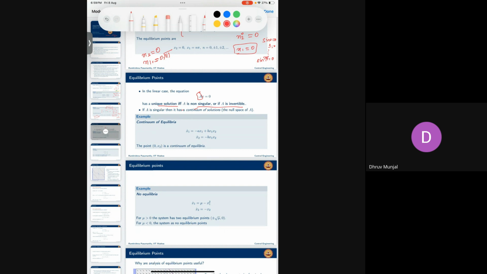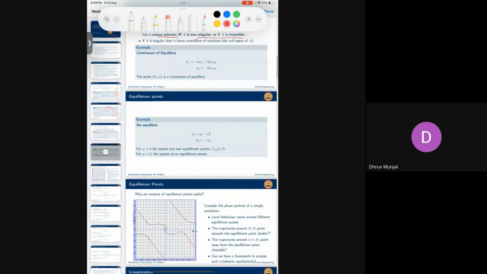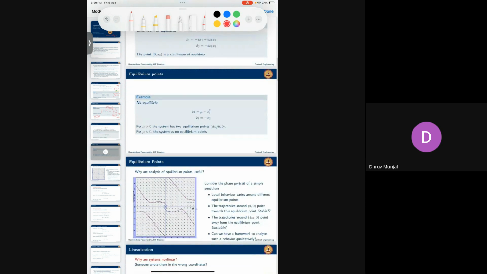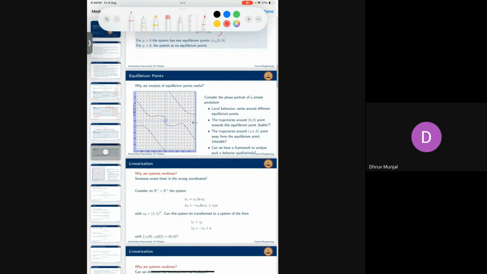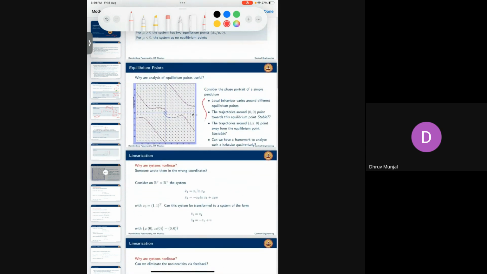If A is singular, you will get a continuum of equilibrium. If your system has a continuum of equilibrium, then A must be singular. Kind of a one-to-one relationship, right? And there are some systems that have no equilibrium points. That example was also given here. So you can go around this.